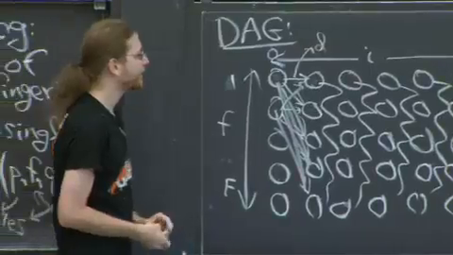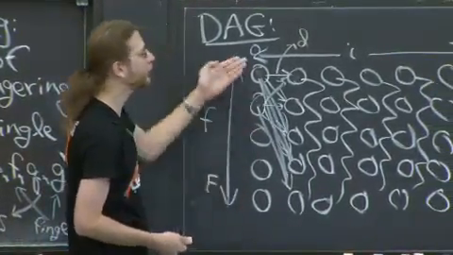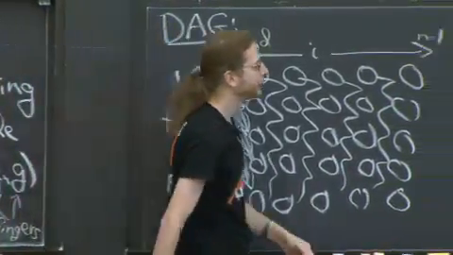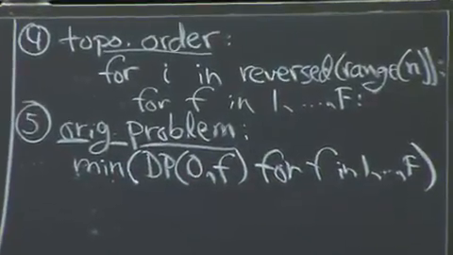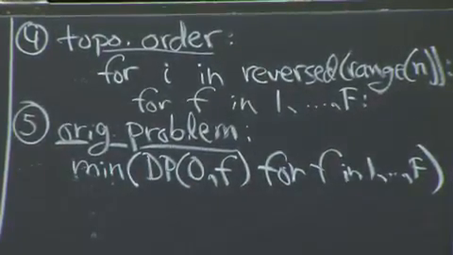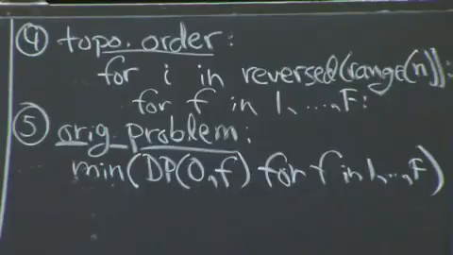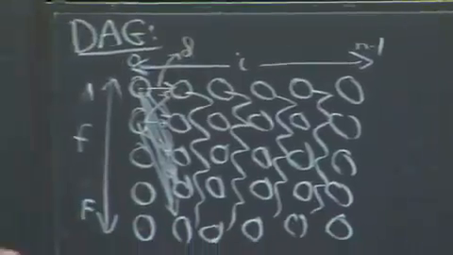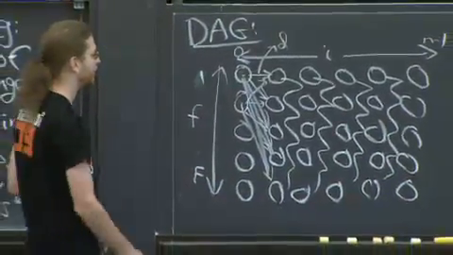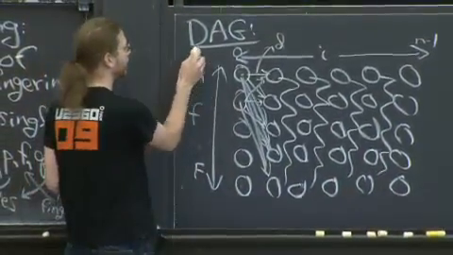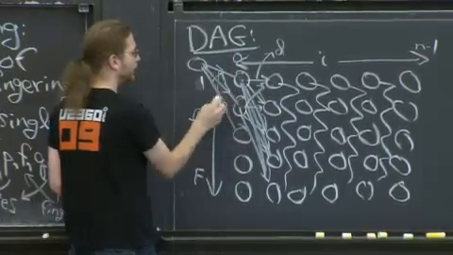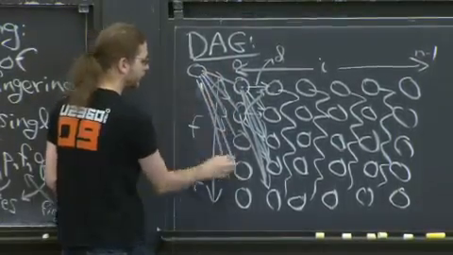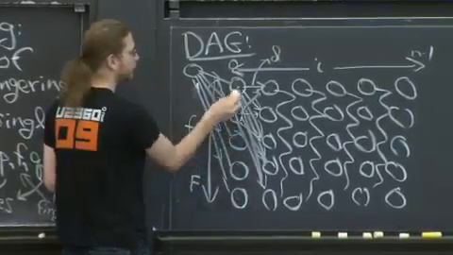OK? Except there's no single source here, which is kind of annoying. And so you need to take this min over what's the shortest path from here, from here, from here, from here, from here. Of course, you don't actually need to do that by running single source shortest paths f times. If you're a clever shortest paths person, you would add an extra source node, connect that with 0 weight to all of these sources.